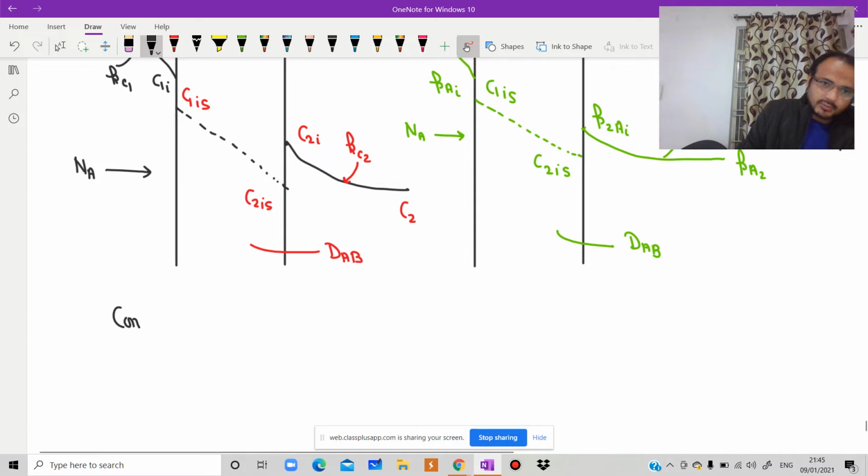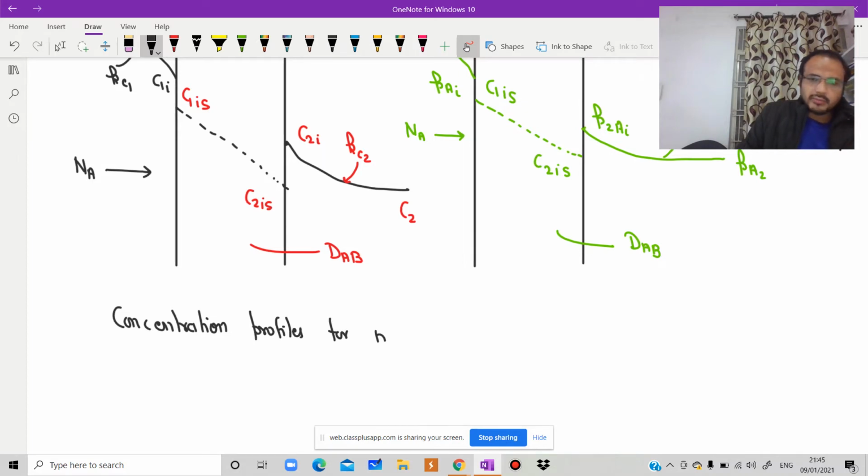So, concentration profile for membrane processes. Assume this is the first one, and this is the second one.